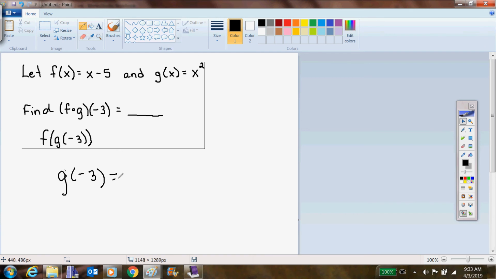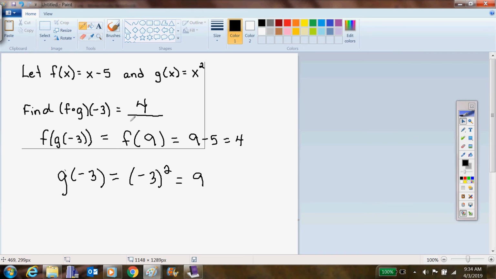So we start with -3 squared, which is 9. So this equals f of, what goes in here? 9. And then what? 9 minus 5, which gives us 4.